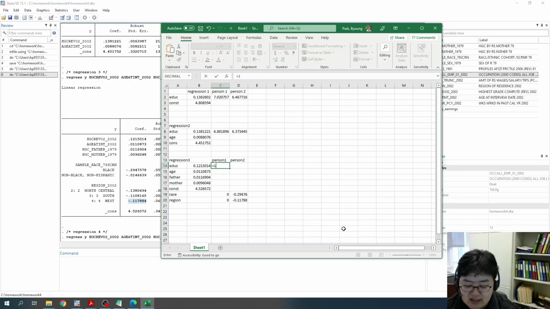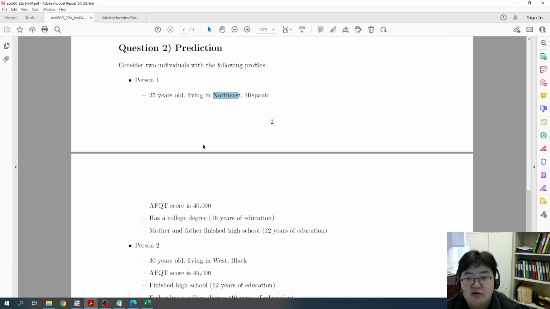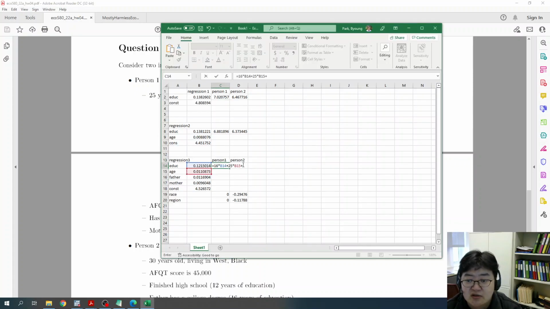Person 1 has 16 years of education plus 25 years old plus mother and father's education. Mother and father both had 12 years education. Mother 12 years, father 12 years, plus constant, and also you have to adjust this much. But in the end, there is no adjustment, but you have to think about them if they were different from 0.